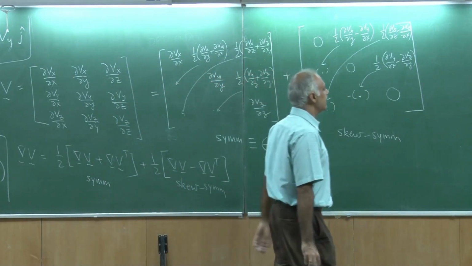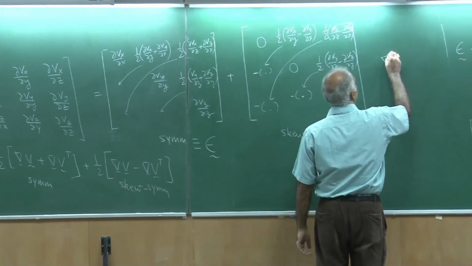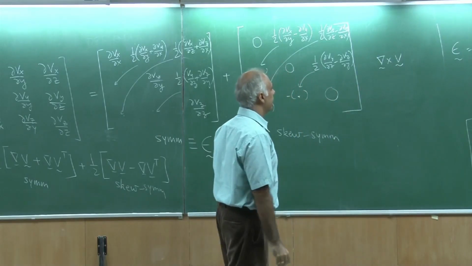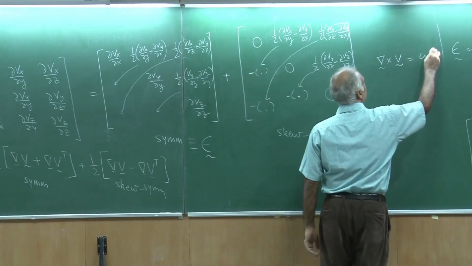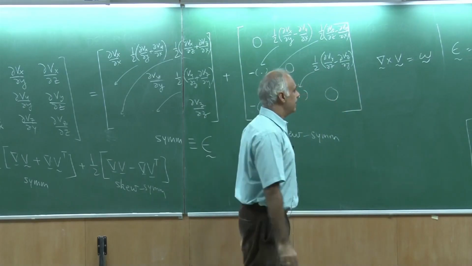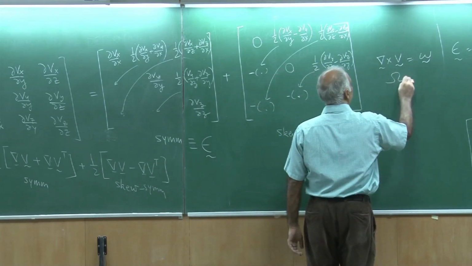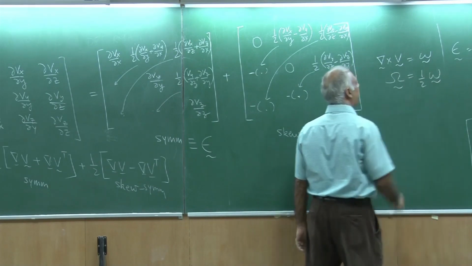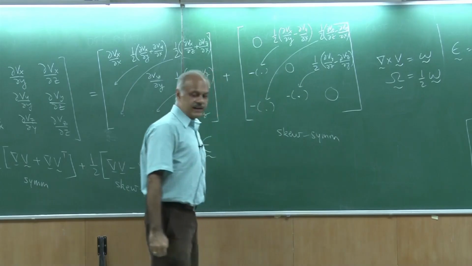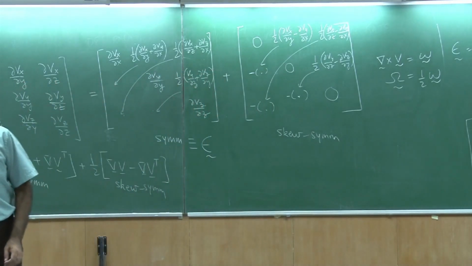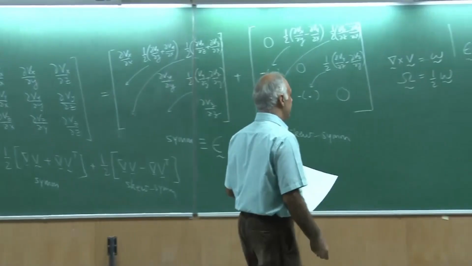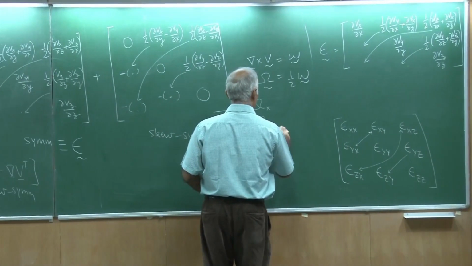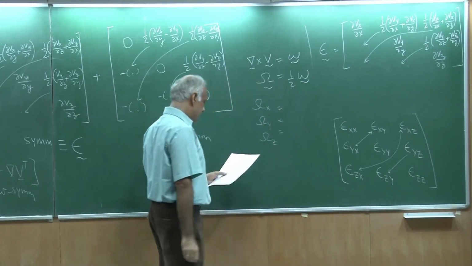If you recall, my curl of velocity was given as omega, and my rotation was half of omega. Let me recollect for you, you should have it in your notes, what are my omega x, omega y and omega z. We worked these out just a minute ago.